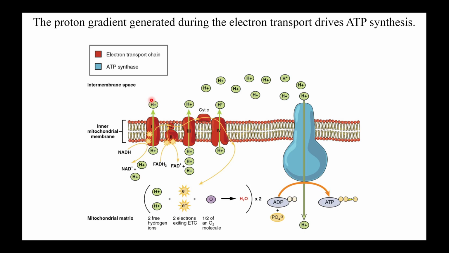So it creates a gradient of concentration from higher to lower, and protons are transported from the intermembrane space to the mitochondrial matrix by the ATP synthase. It uses that as the power to generate ATP molecules from the ADP molecules.